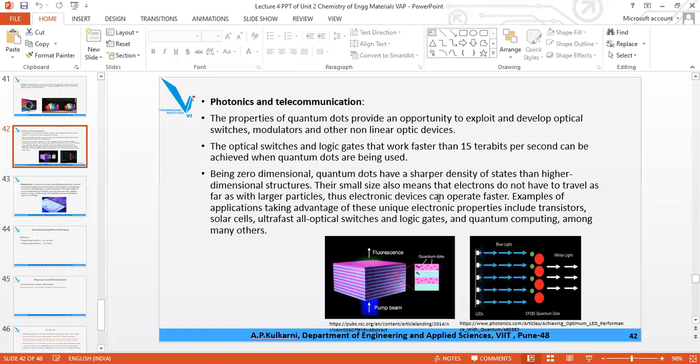Thus, electronic devices can operate faster. So if quantum dots are used in electronic devices, they work faster as compared to first dimensional, second dimensional, etc. Examples include transistors, solar cells, ultrafast all optical switches, logic gates, quantum computing, among many others.